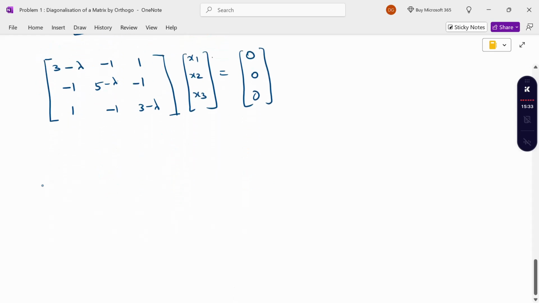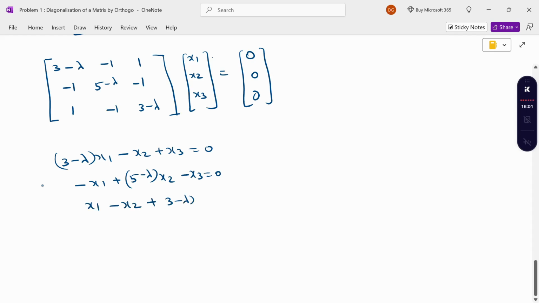Now when I'm writing this equation, we have three linear equations. To write this: 3 minus lambda into x1 minus x2 plus x3 equals 0, then minus x1 plus 5 minus lambda x2 minus x3 equals 0, then x1 minus x2 plus 3 minus lambda x3 equal to 0. Now I consider this equation 1.